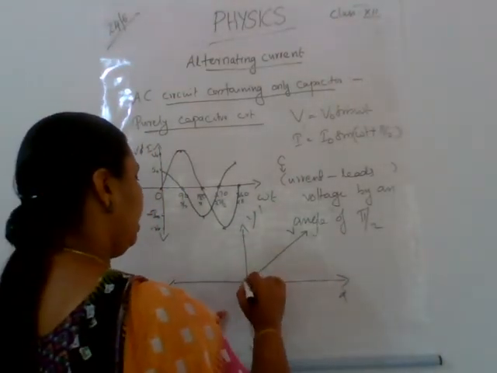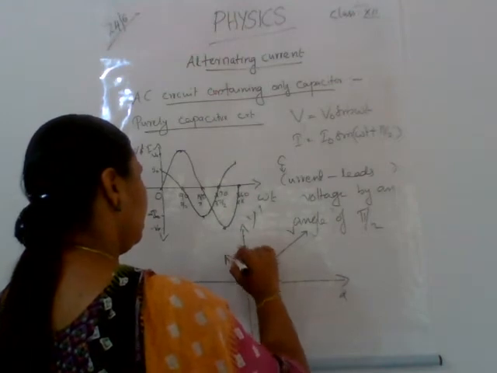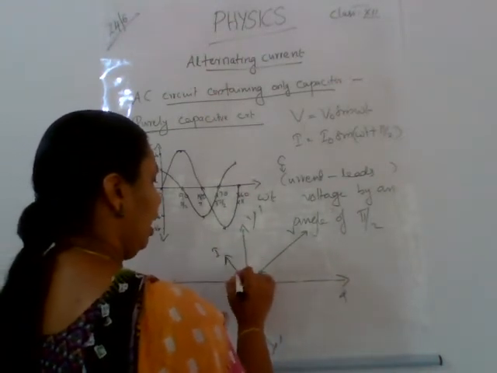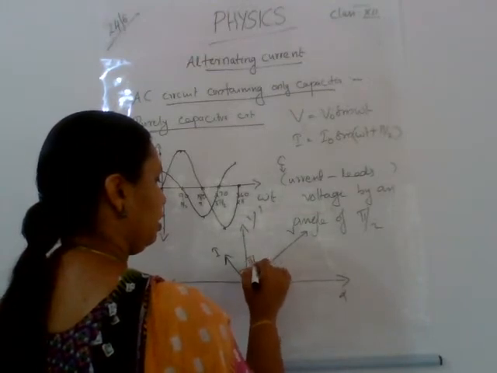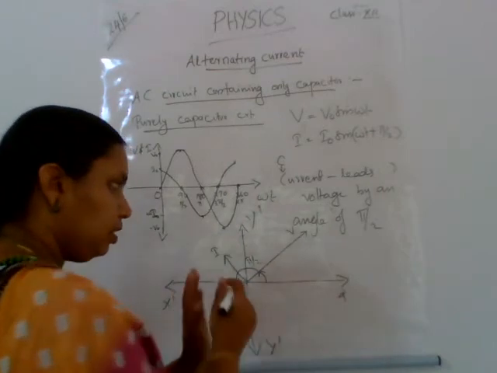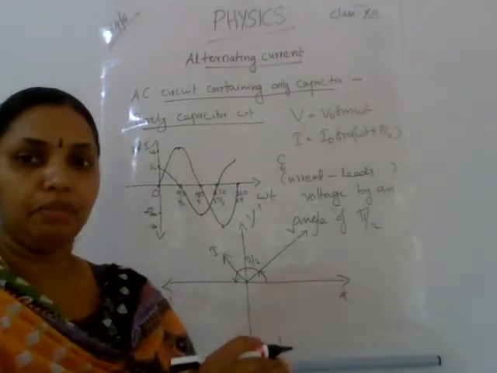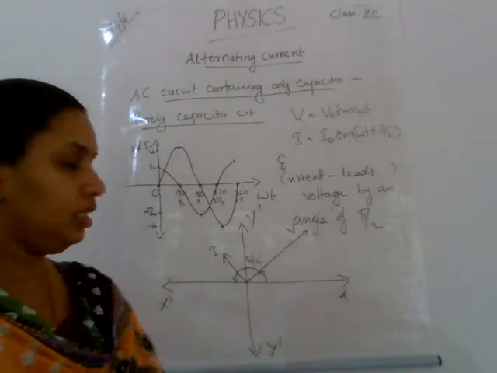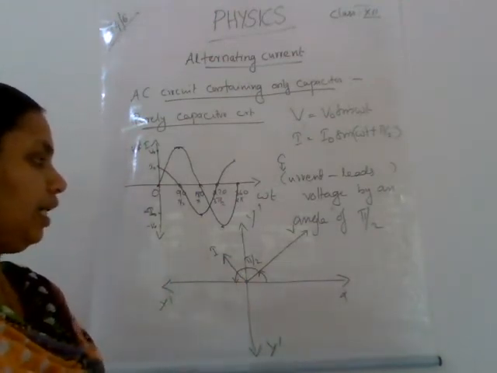Here the I will be here, isn't it? It is moving in the anti-clockwise direction. So I will be here, and what is the phase angle between them? It is pi by 2. Okay, so current goes first, then behind the current by an angle of 90 degrees, voltage comes. This is known as the phasor diagram.